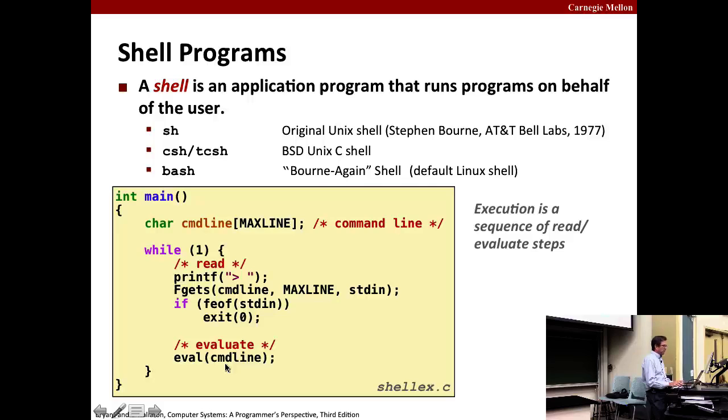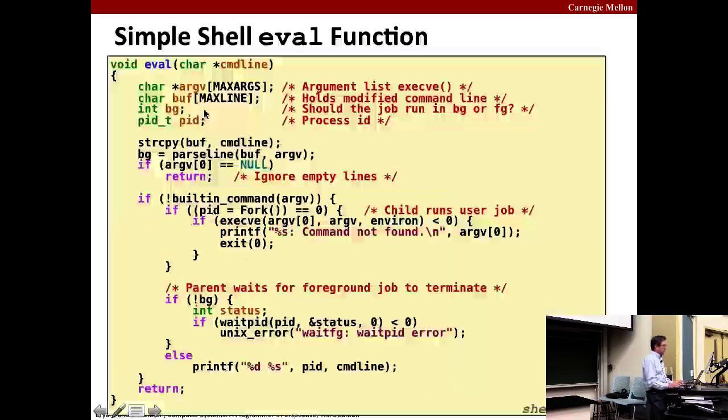Now, the evaluation consists of the following kinds of steps. First, it parses the command line. It takes the command line, which in this example is in buf, and it produces an argv array, where argv[0] is a command, and then argv[1], argv[2], and so on are the optional arguments.